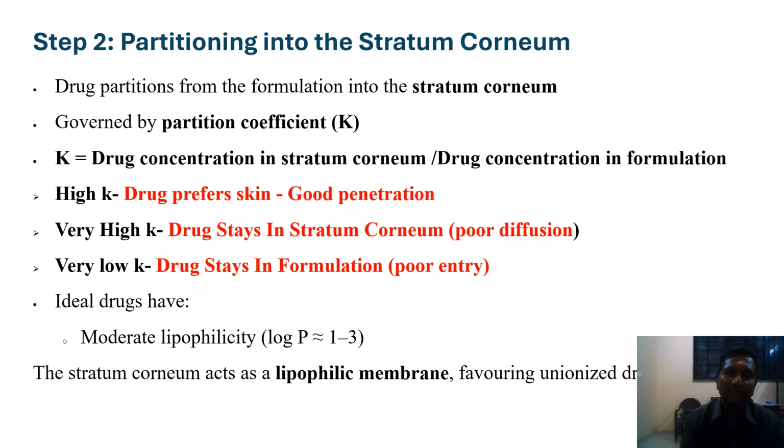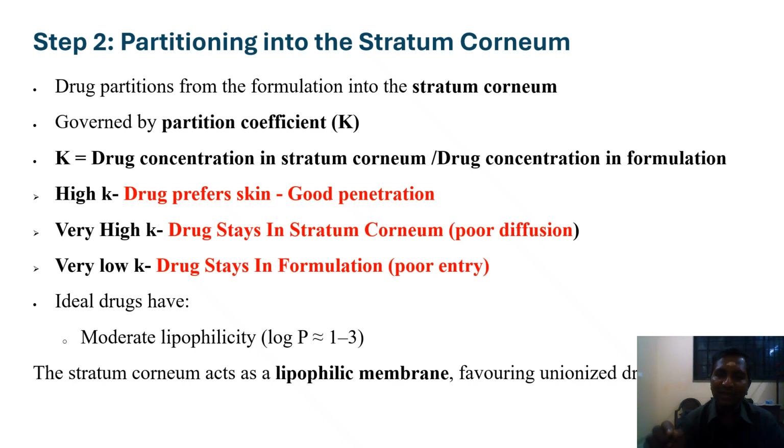The second step in dermal penetration is partition of the drug into the stratum corneum. In this step, the drug moves from the formulation into the outermost layer of the skin. This process is governed by the partition coefficient, which is represented by the symbol K. The partition coefficient is defined as the ratio of drug concentration in the stratum corneum to the drug concentration in the formulation.